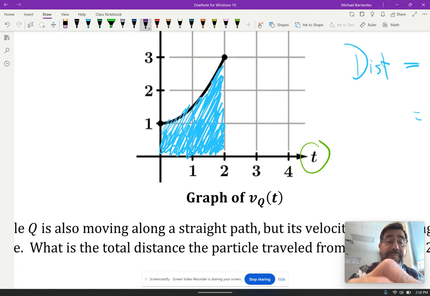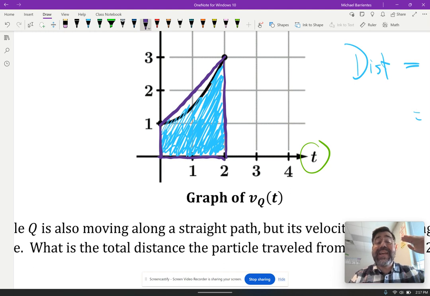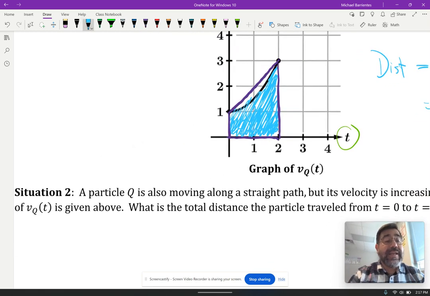For example, what if I connect these 2 points with a straight line, and if I find the area of this purple shape, that area is more than the area that I want in blue. However, I can at least get an upper bound, right? It can't go above this value because I can see that the shaded region is under that value.